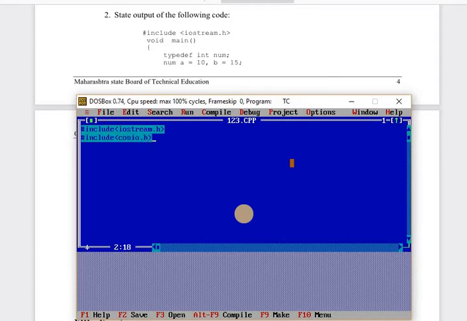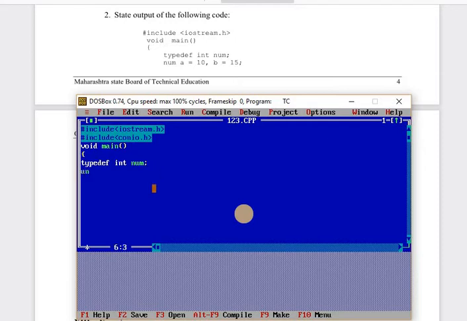It is already covered in C programming. void main. So typedef int num. Here we are using the typedef keyword. So now num works as the integer data type. Means what? By using num we can create variables having the integer data type.